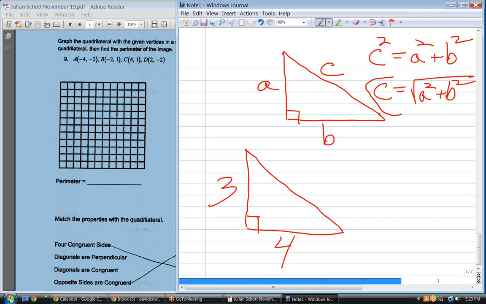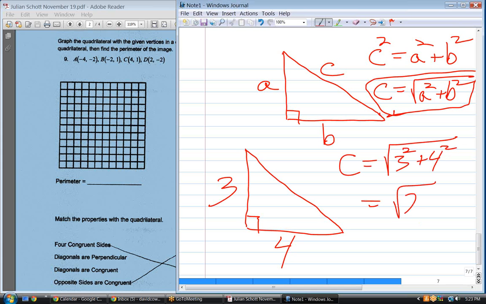Don't always go back to the Pythagorean theorem, because then you have to solve that for c. Remember this definition of c. In our case, c would be the square root of 3 squared plus 4 squared. It's the square root of 25. That's 5, because it's a 3, 4, 5 triangle.